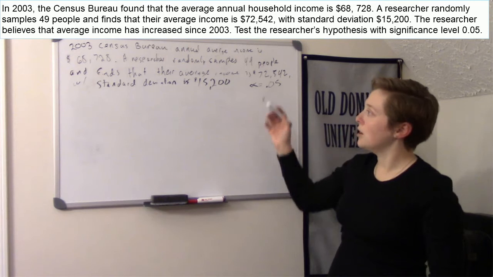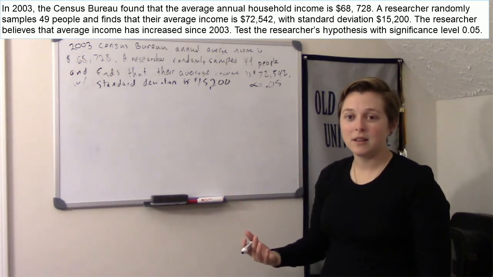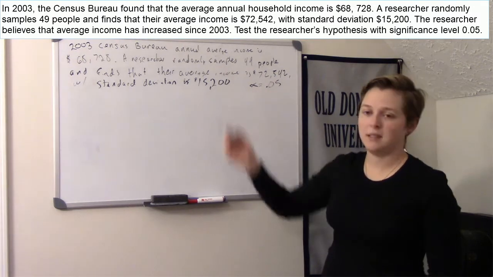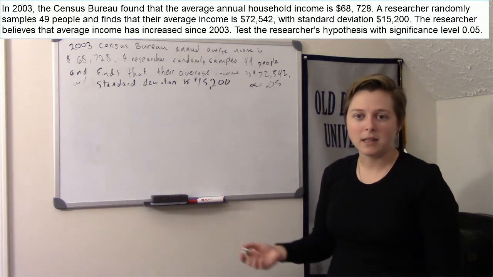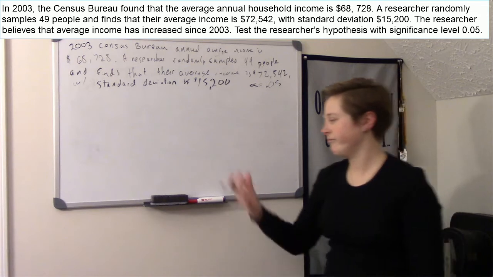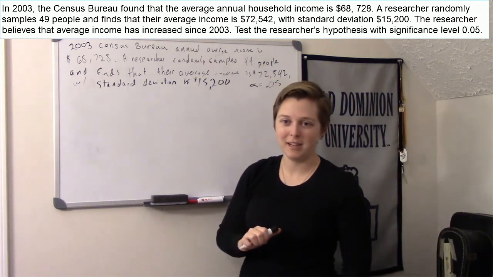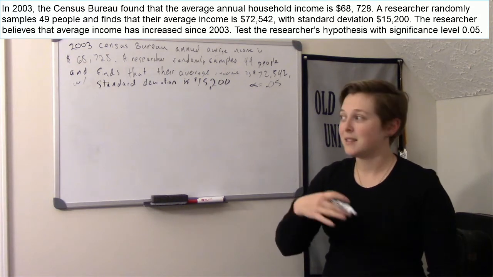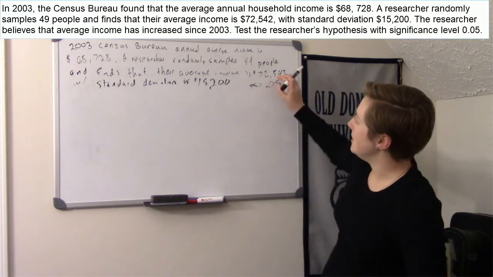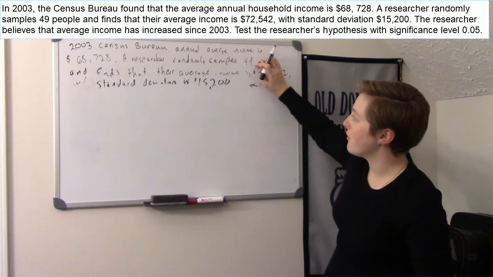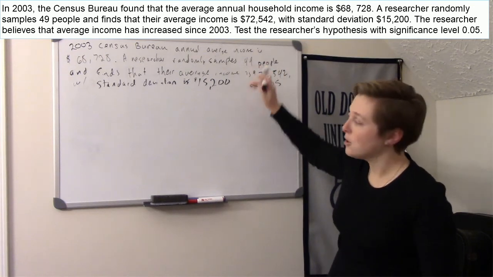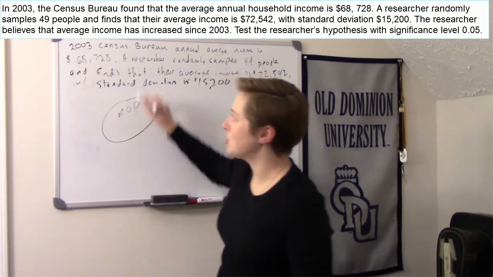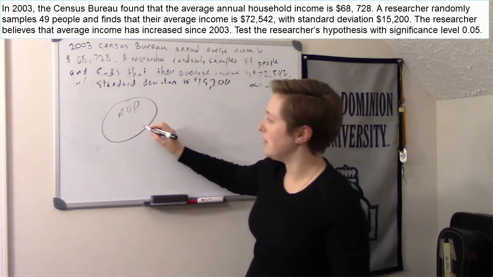Now before you've taken a statistics class, you could say, oh well, 72,000 is more than 68,000, so it's increased, right? Done. Drop the mic, walk away, right? But now that you've taken a statistics class, you know that that's not the way it works. That was an estimate from these 49 people. Don't forget, there's a population out there with a true population mean.